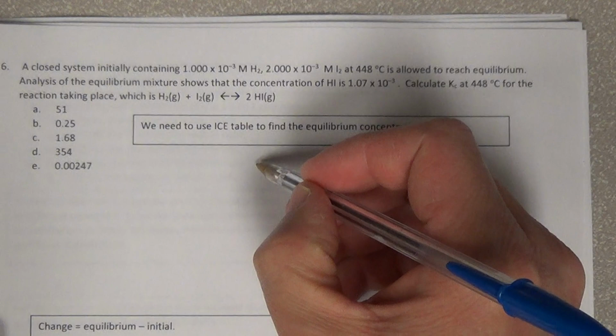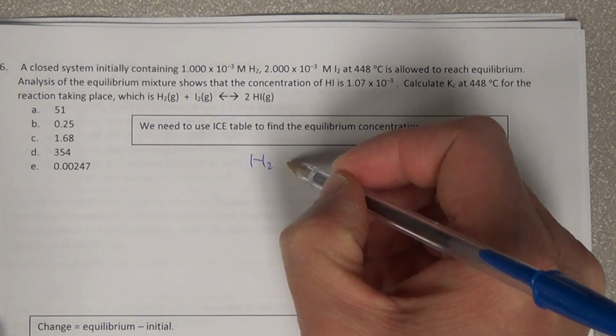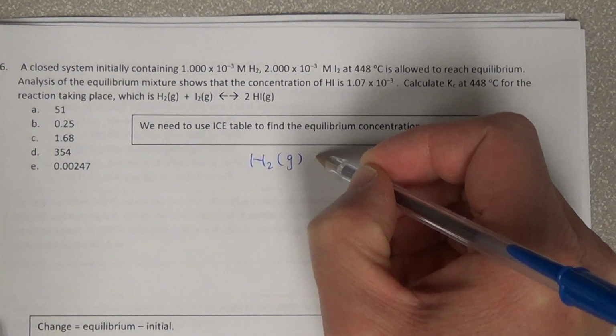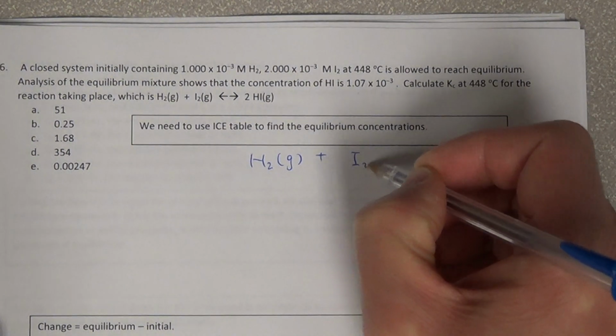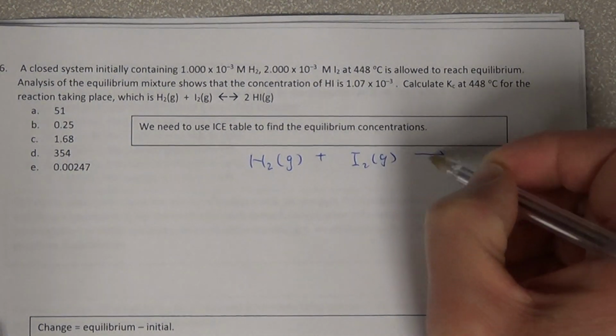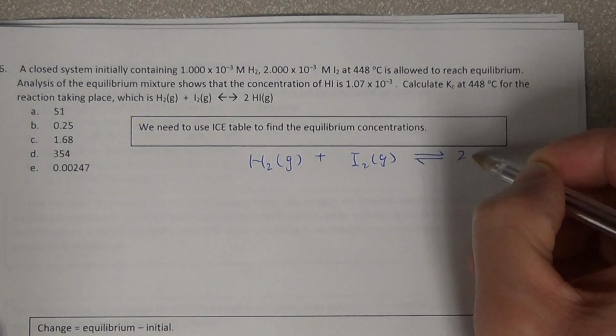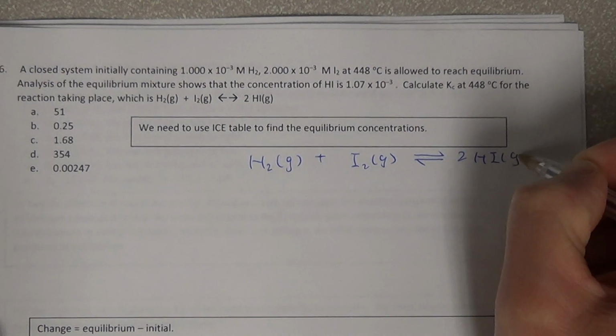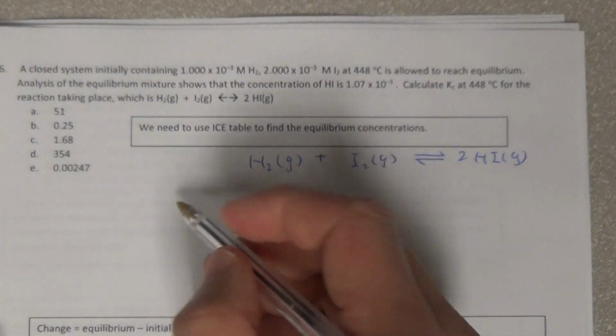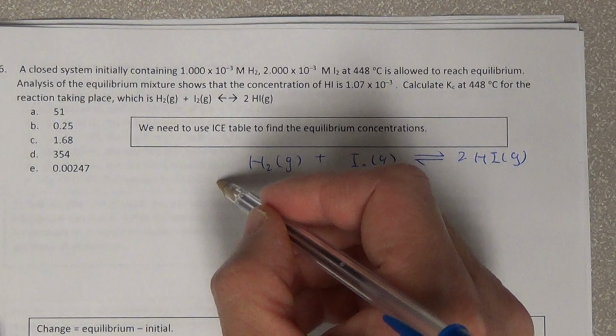So our equation is H2 gas plus I2 gas in equilibrium with 2HI gas, and then we make an ICE table.